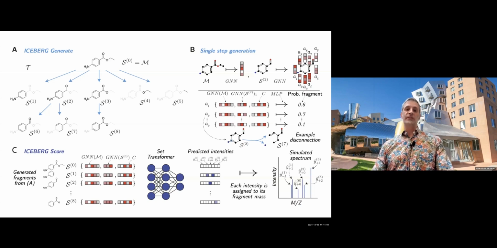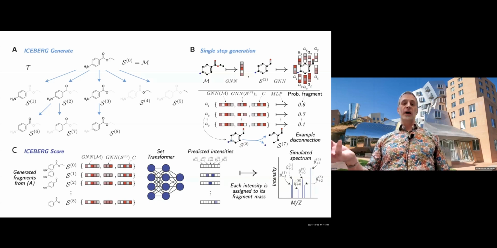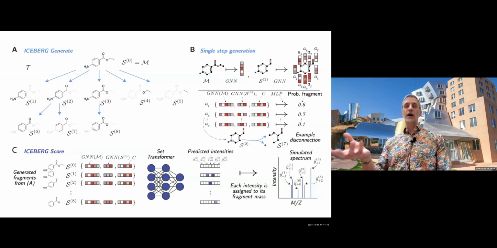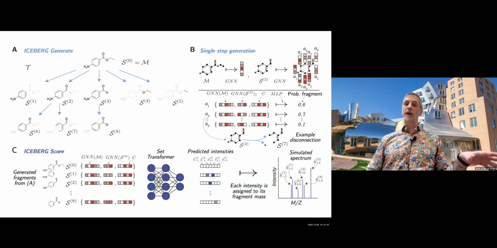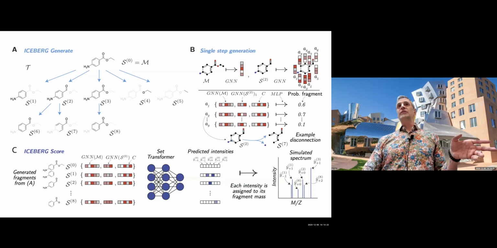So each element in the set has a graph neural net that represents the parent molecule. It has another feature vector that represents the output of the graph neural net for the particular fragment. And then it has another feature vector, which they call the context vector.